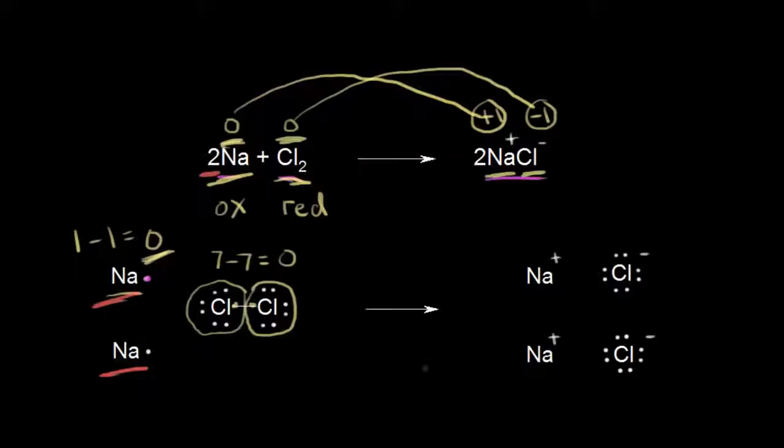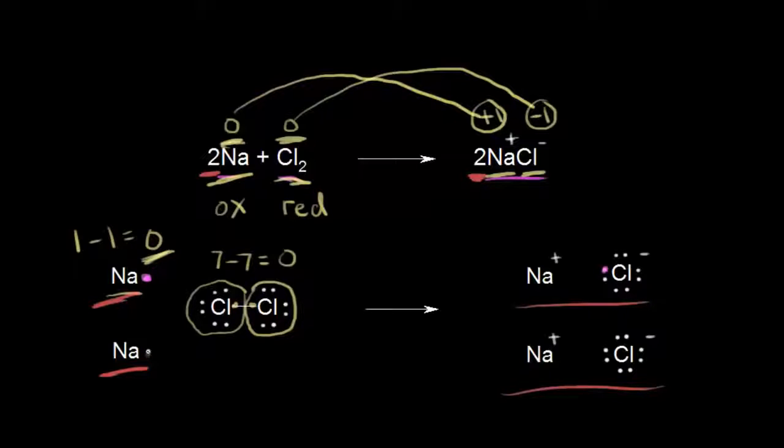So sometimes it just helps to see the electrons. We go over here for our products. We had 2 sodium chlorides, so here are 2 sodium chlorides, and let's see what happened with our electrons. So the electron in magenta, this electron over here in magenta on this sodium, added on to one of these chlorines here.